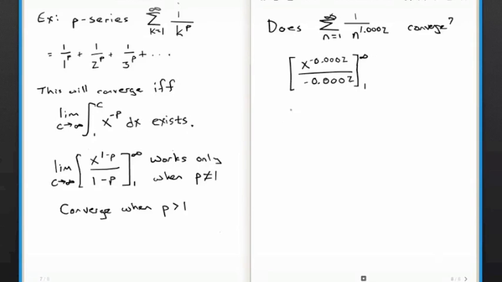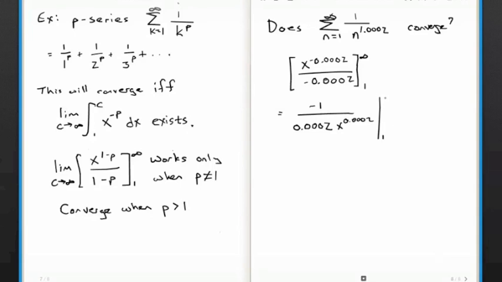Well, when I plug the infinity in here, let's rewrite this; it's a little more clear, and that's what I tried to explain before. 1 over, I'm going to take that negative sign and move it up to the top, 0.0002 times x to the 0.0002.